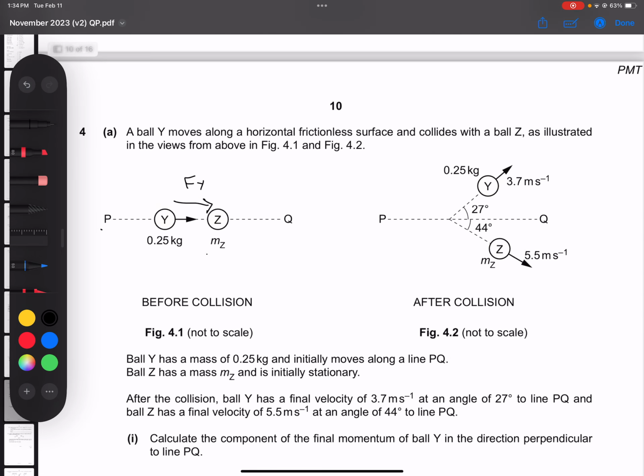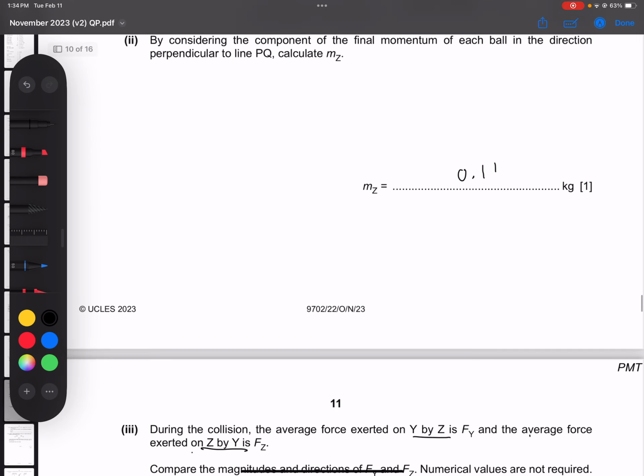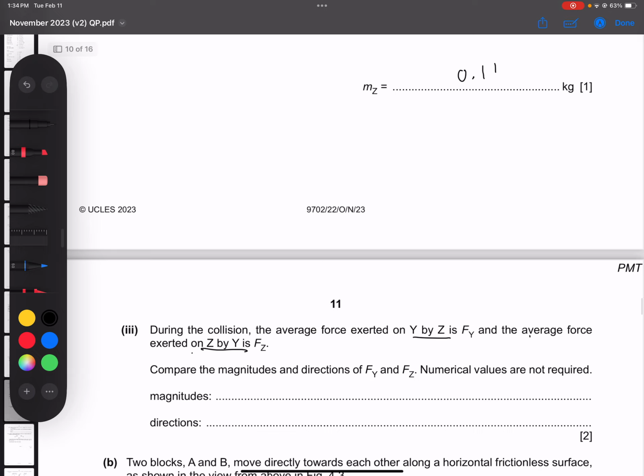So Z also exerts a force on Y in the collision. So when they collide, right, Y and Z, this guy exerts a force, this guy exerts a force. Compare the magnitudes and directions of these two forces.